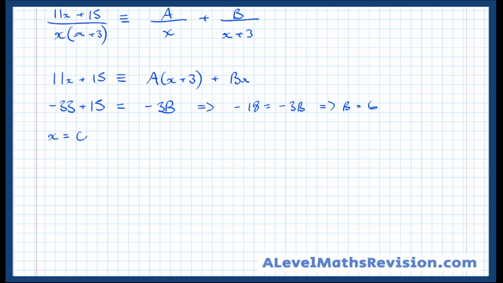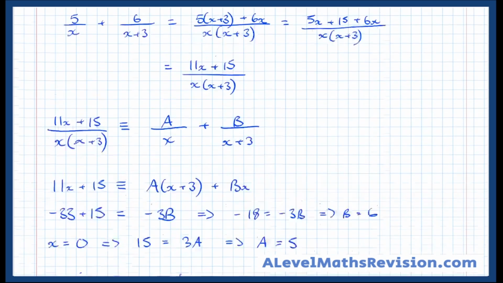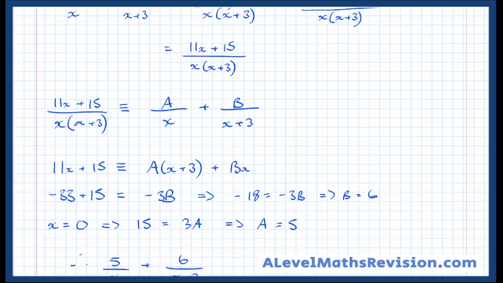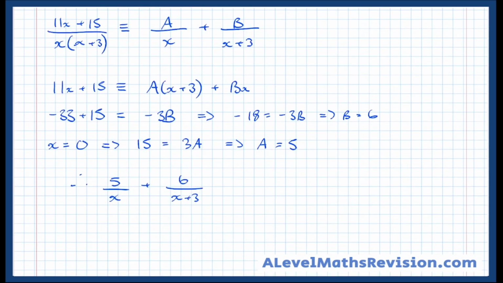So x equals 0, which means that on the left hand side 15 equals 3A, which means that A equals 5. Therefore, concluding, we've got 5 over x plus 6 over x plus 3, which was what we started with. So we've managed it. And that's the method each and every time.